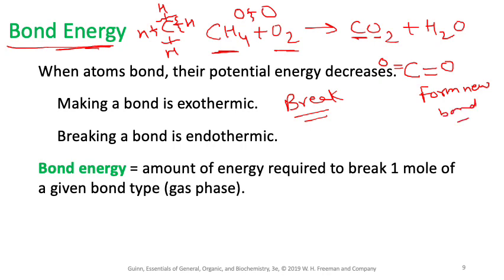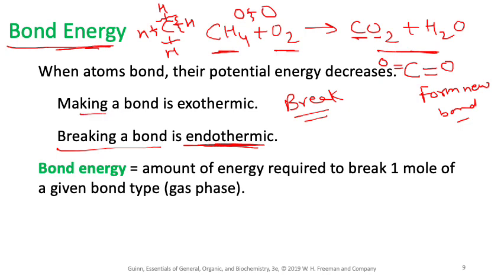Right? Now the question is how you can break a bond. To break anything, you need energy, right? So to break a bond, you need energy. That means breaking of a bond is an endothermic process, because you are providing energy to the bond to break them apart. Similarly, on the product side, you are making a new bond so that you can make a new molecule.